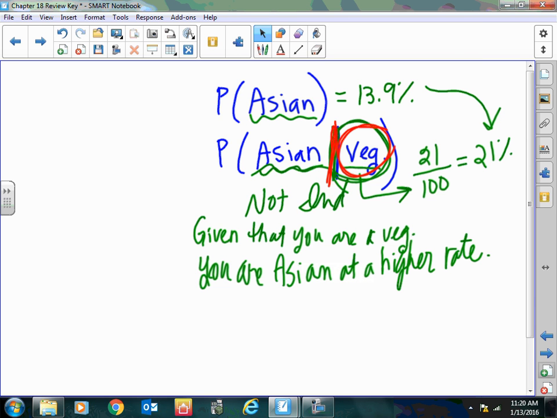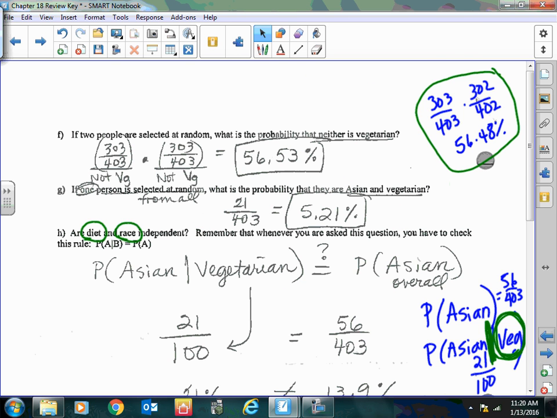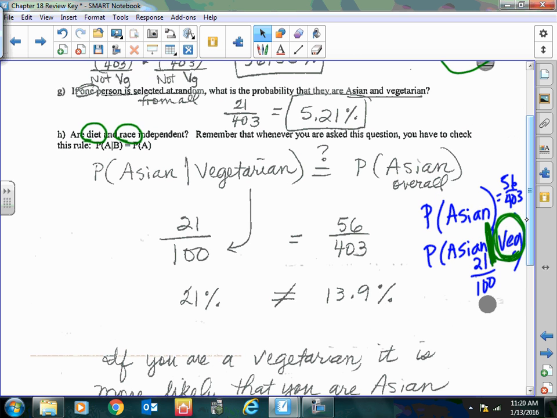One last thing. It was a good question that I had earlier today. In order to show that diet and race are not independent, if you just find one of them that's messed up, then you can say all of diet and all of race are not independent.